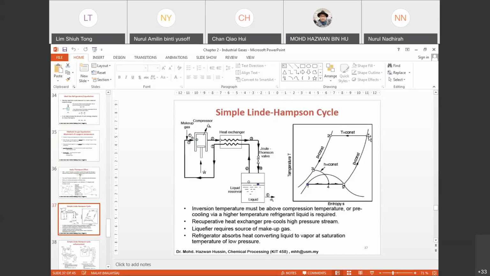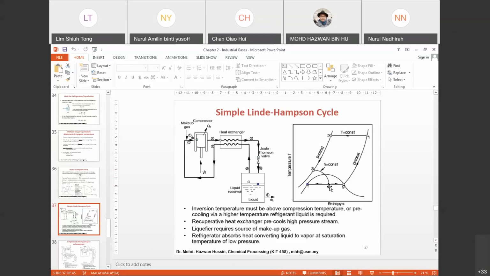When you compress the material, it decreases the entropy, so the entropy values are reduced. After that, this is where the cooling process starts to occur, so you'll see the temperature start to decrease until it reaches point 3. Point 3 is where the critical temperature is achieved, and the gas will be converted into liquid.